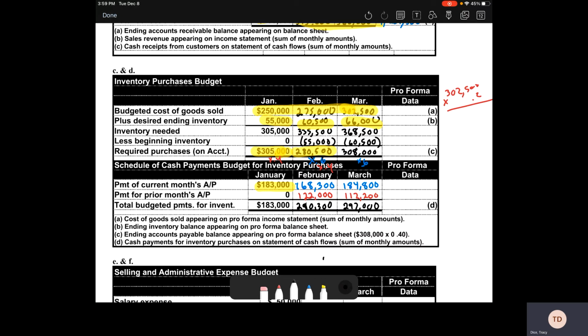That's going to give us a total cost of goods sold of $827,500. The next thing we need to figure out, what's our ending inventory on the balance sheet? Well, our desired ending inventory is what we desire to have at the end of March, which is just $66,000 worth.